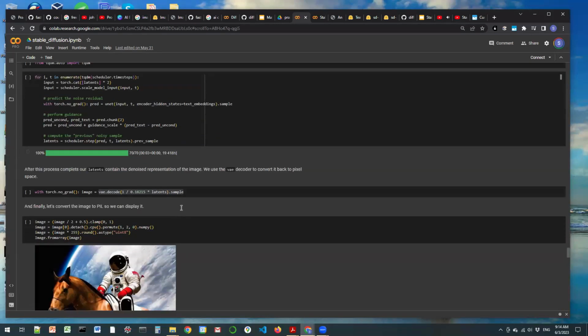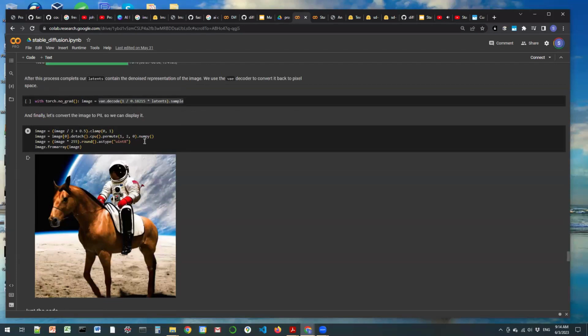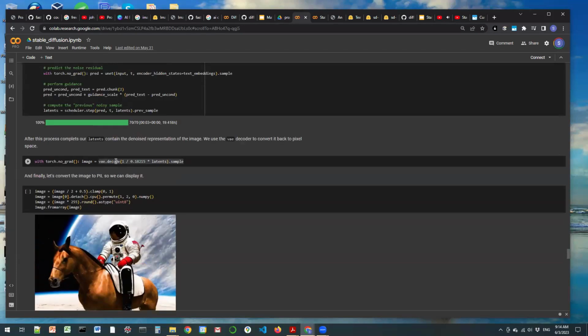Now we need to take it through the VAE decoder, scale it, multiply the latents that are left after the denoising process, and sample. And of course, that will still give us the pixel space, as Sujit pointed out.